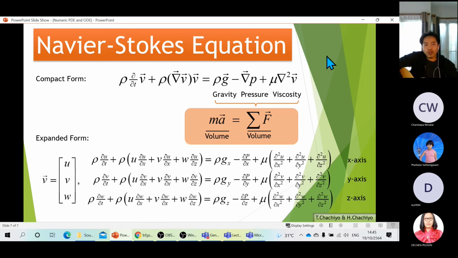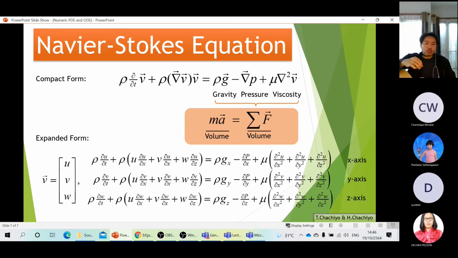And also viscosity, ความหนืด in Thai, gives you the last force. This is a very simple version of Navier-Stokes also.